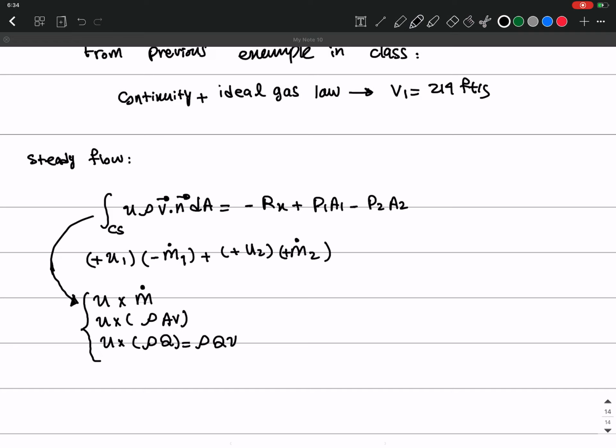So rho QV, you can even say rho QV at, for example, Q1, V1. This is Q1, U1, A1 at that section, right? Or section 2. So you can calculate this like this. Just be careful about the signs, right?